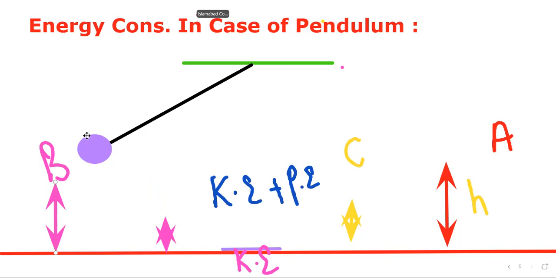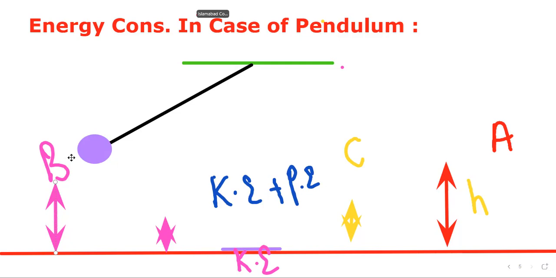At this point, for a small interval of time, the pendulum will take rest and will start moving backward. So at this point, the pendulum has some height, it has potential energy, it's in rest state, so it has no kinetic energy.